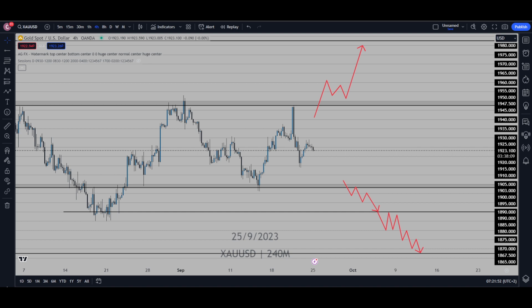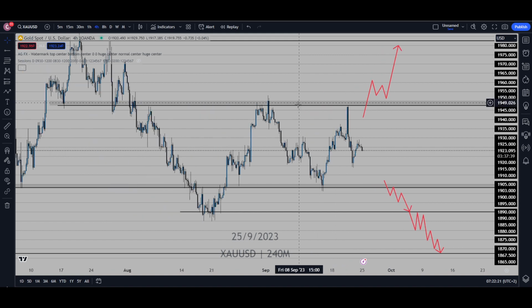So here I'm zoomed out on gold on a 4-hour time frame, and what we can see is that we have begun to form a range between 1950 and about 1900. So the key levels I'm looking at here, at the top of the range and the bottom of the range, is 1950 flat or 1947.5.